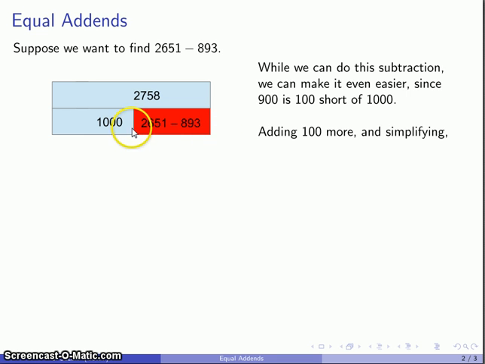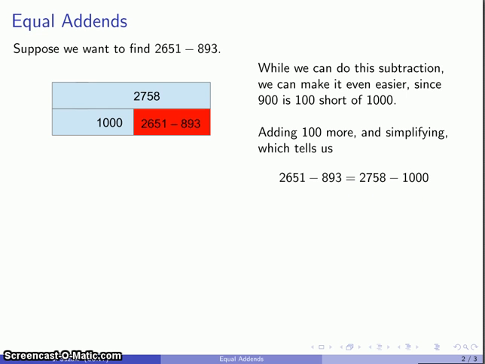And again, my difference block here hasn't changed size. And so that tells me that this original subtraction is the same as 2,758 minus 1,000, and so I can do that subtraction very easily, and that's going to be 1,758 as my final answer.